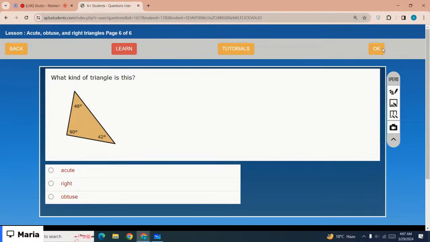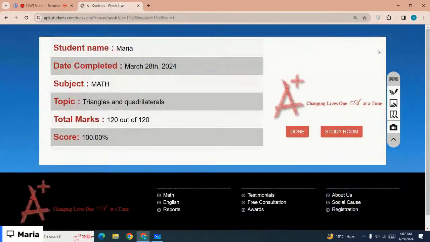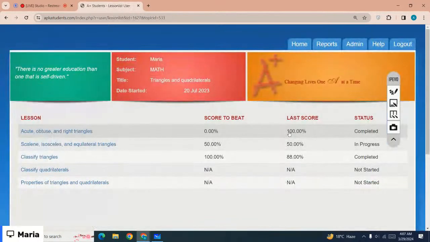Because one of the angles is exactly 90 degrees, so that is a right angle triangle. We are done with the lesson. Let's move on to the next one. The next one is scalene, isosceles, and equilateral triangles. Let's start with the next lesson.